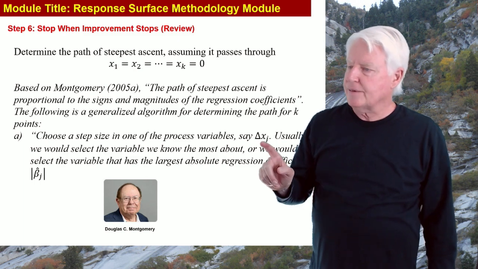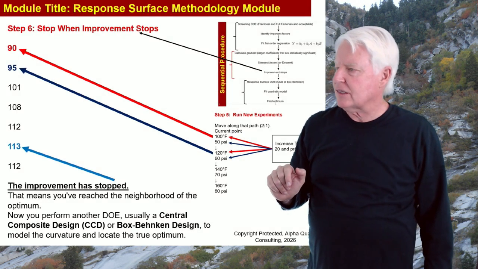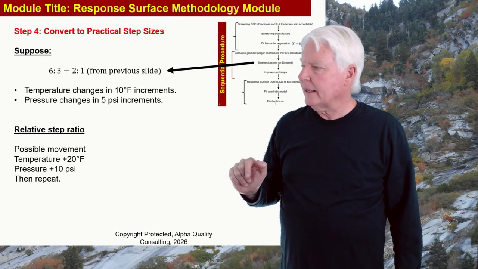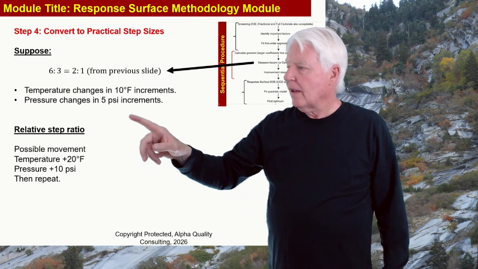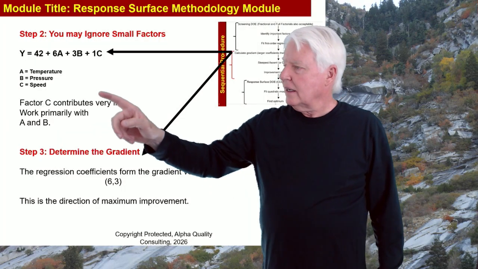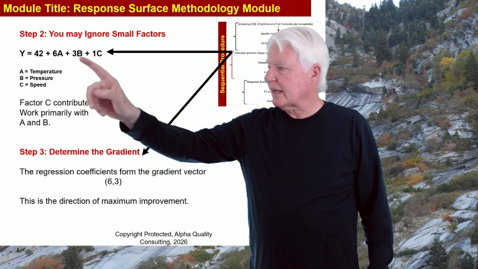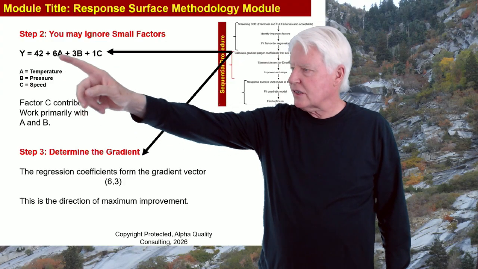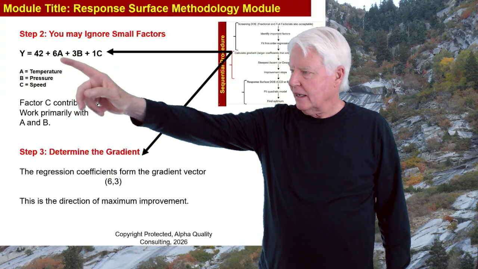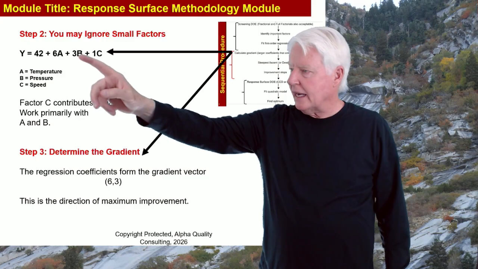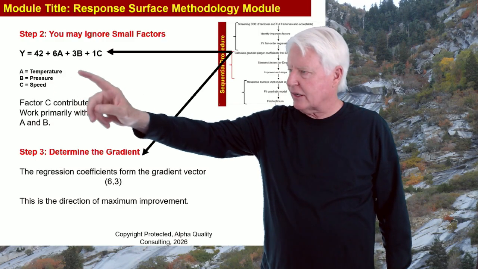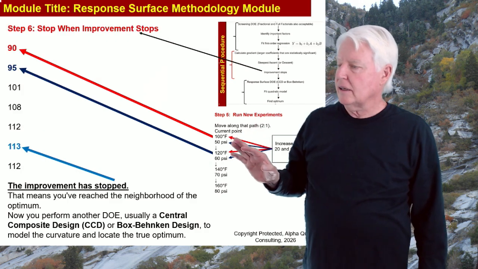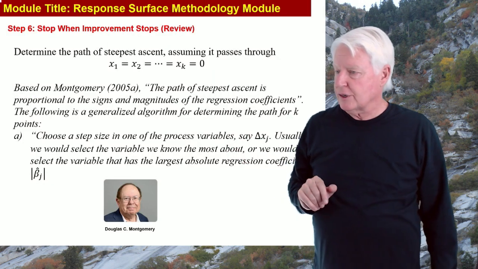So xj in our case would be, let's go back here, 6a would be temperature. Temperature is j because it's the largest one. He calls that j in his book. The other coefficients will be i, but they're not the greatest coefficients. So j has to do with just the largest coefficient.